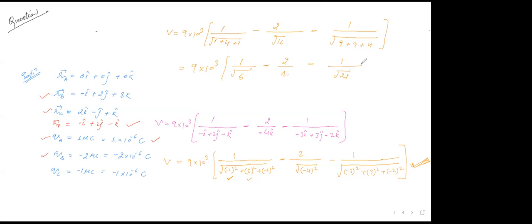Okay. In the next step, this is 9 into 10 raised to the power 3. 1 over root of 6 minus 2 to the 4. You can write 1 over 2 minus 1 over root of 22. This is your final answer, okay, of this question.